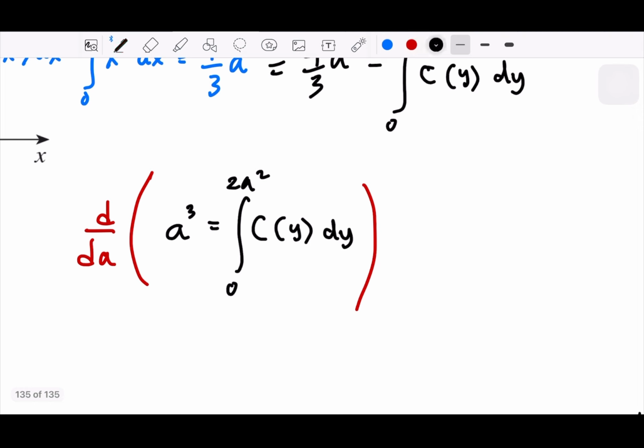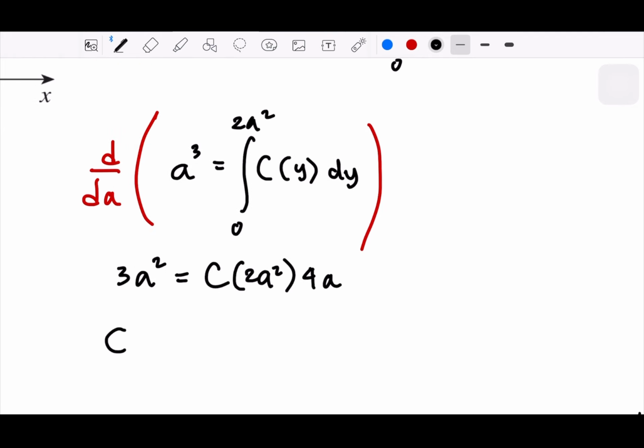Okay. So this will be 3a squared, and then c 2a squared, and then multiply with the chain rule for a. And c, so we can solve this. We can cancel the a here.